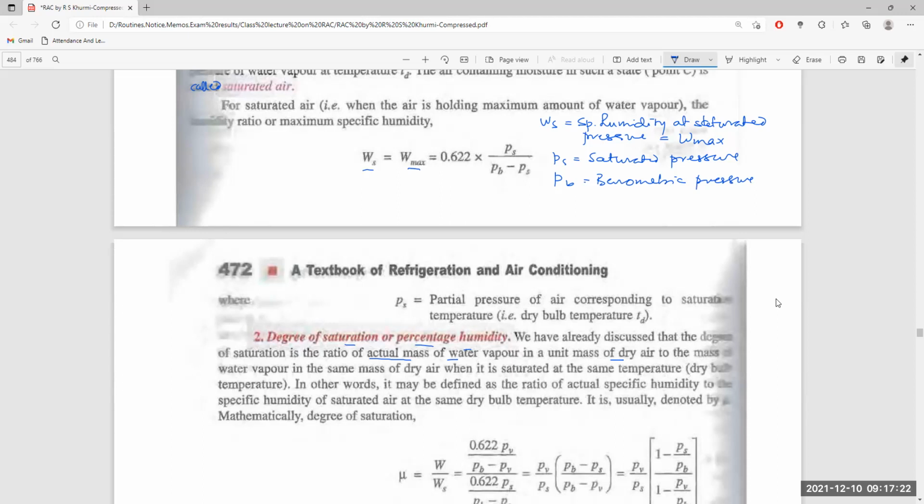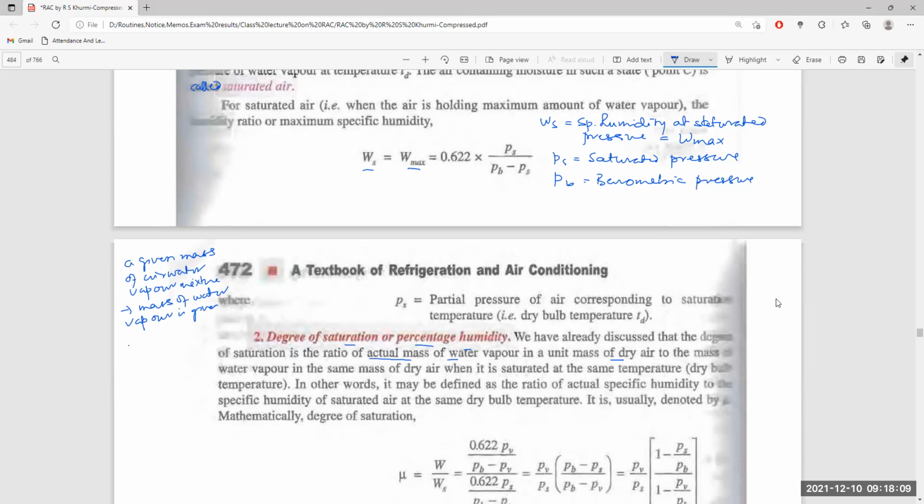First, for a given mass of air-vapor mixture, the mass of water vapor is given. Now, the ratio of this mass of water vapor to the mass of water vapor when it is fully saturated.